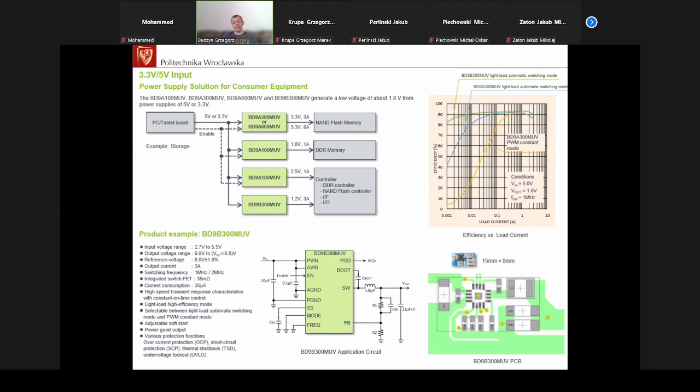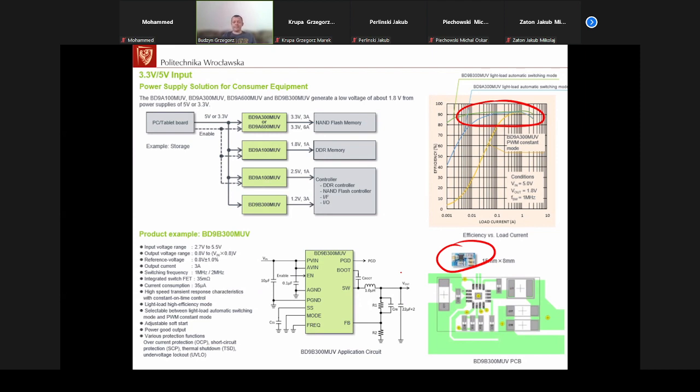So they are regulators with really fantastic efficiency, exceeding 90% with a very small footprint of the whole regulator. It's just that we still need to design it, make some protection, and take care about the noises.